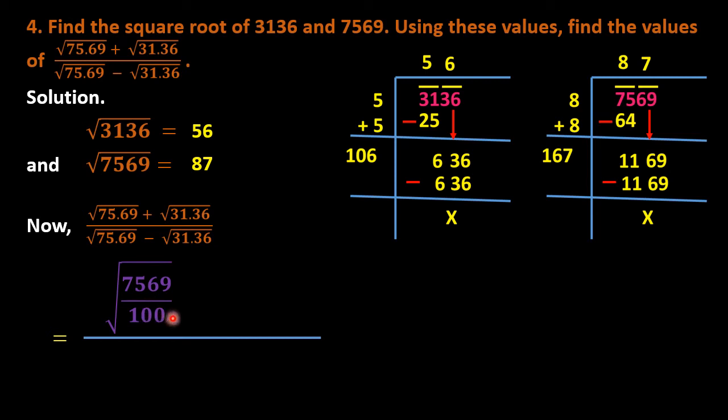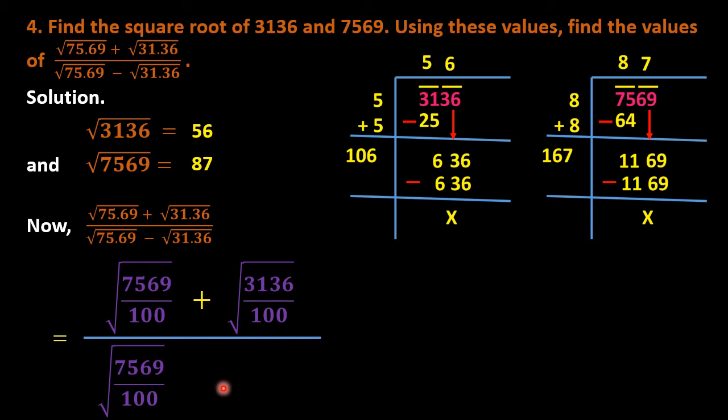Only 2 zeros are here because there are only 2 digits in the decimal part. Similarly, after removing the decimal point from this number, it will be square root 3136 divided by 100. And here we write the same number, and then there is a minus sign and square root of 3136 by 100.